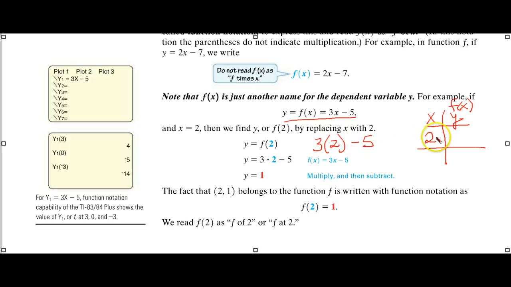So we replace the x with the 2. 6 minus 5 is 1. So our y value, or our function value when x is 2, is a 1. So it's written this way sometimes. Again, I like the use of a T-chart to help you keep it orderly.